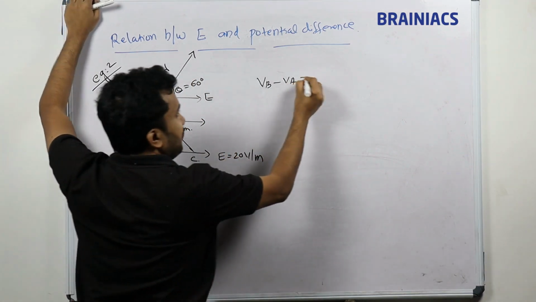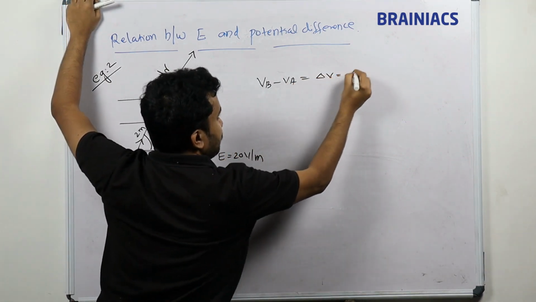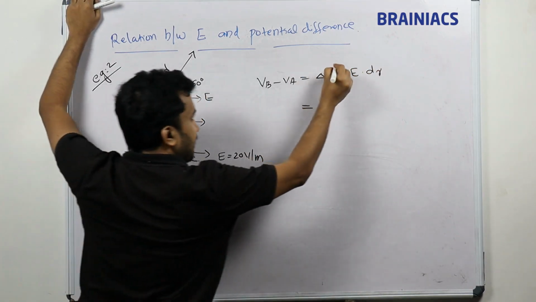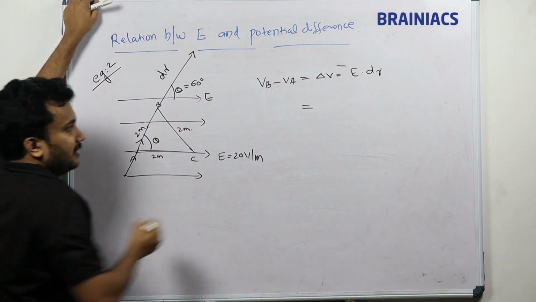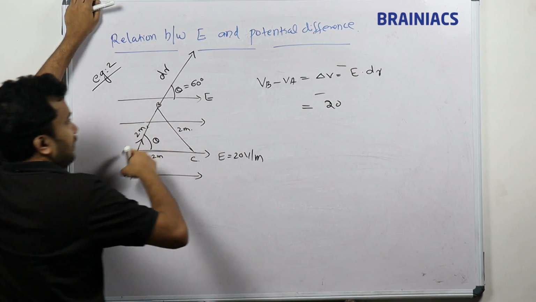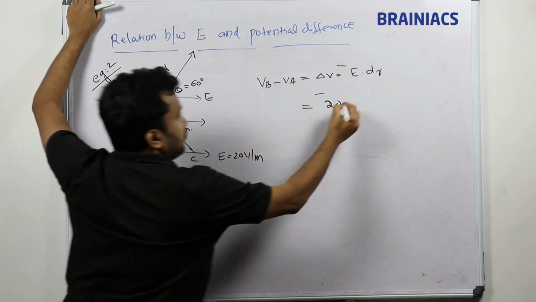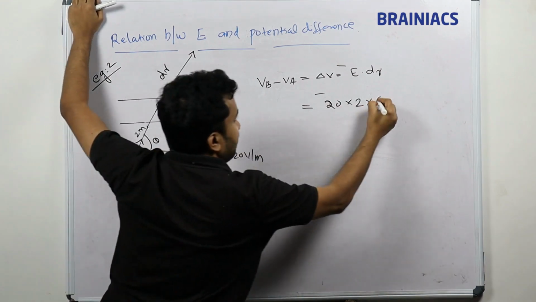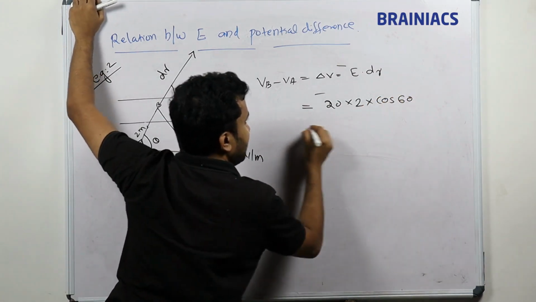So VB minus VA, which is the potential difference, is equal to minus E dot dr. What is the value of this? It is minus 20 into dr. Dr is this distance, which is equal to 2. The angle between electric field and dr vector gives cos of 60 degree.